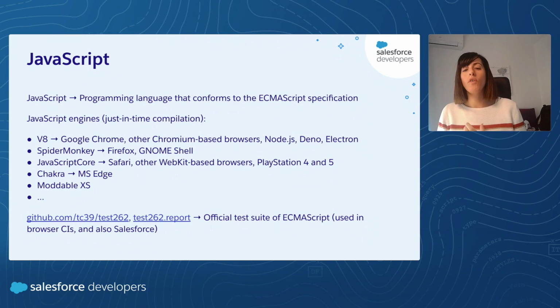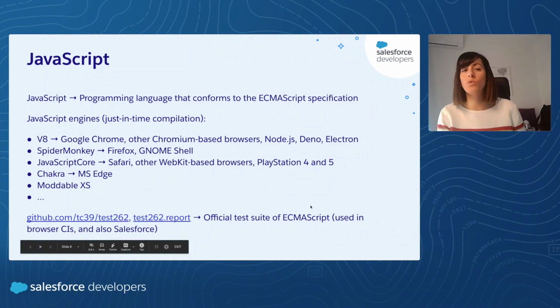One way of knowing if a JavaScript engine is able to support a feature that is defined in the ECMAScript version, whatever standard, is taking a look at the test 262 report.